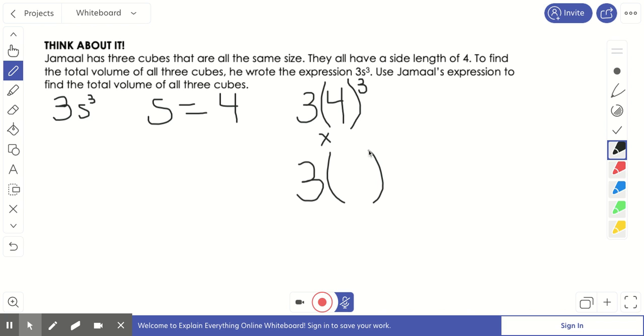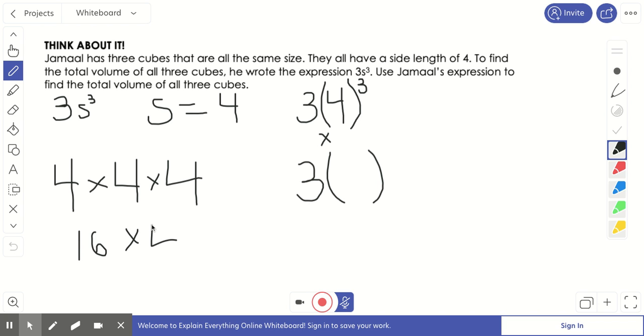Well, let's see. 4 to the third power is equivalent to 4 times 4 times 4. Okay, so 4 times 4 equals 16. 16 times 4 equals 64.